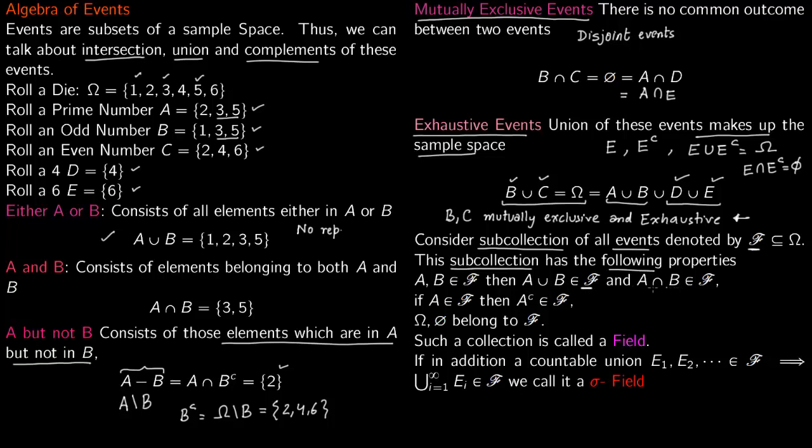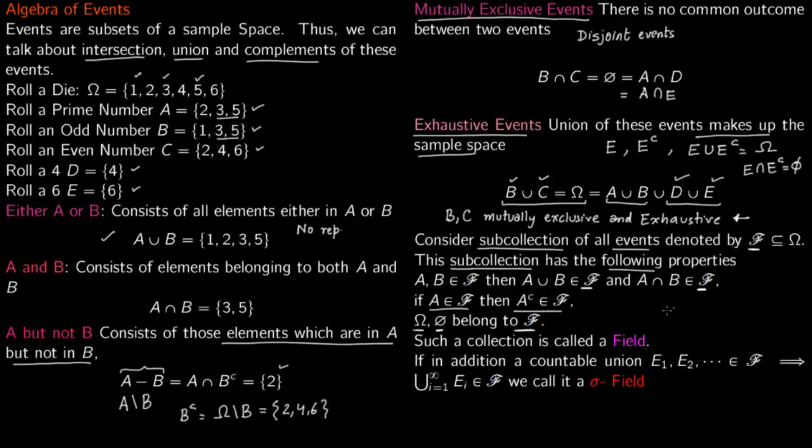The intersection of these events also belongs to the sub collection. So basically we are trying to collect all events such that their union also belongs to the sub collection, their intersection also belongs to sub collection. That is, union is an event, intersection is an event. So if A belongs to the sub collection, the complement of A also belongs to the sub collection. The entire sample space and the null set also belong to the sub collection.